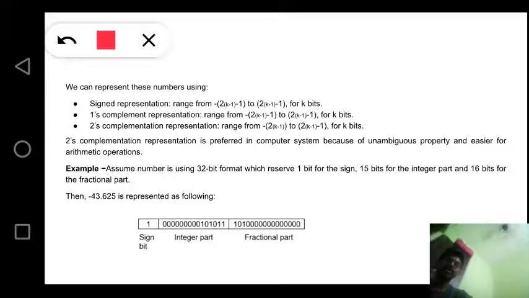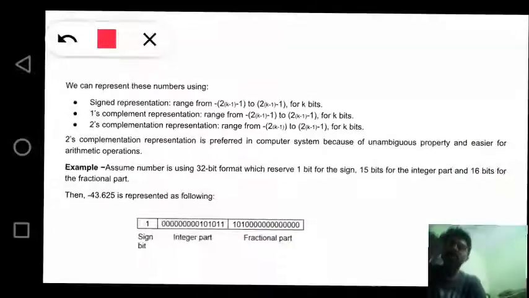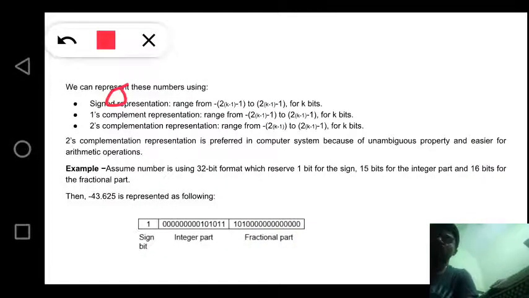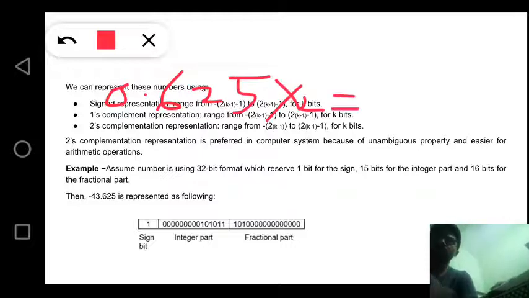Next we have the fractional part. How do you represent the fractional part? 625 is the fractional part. So first you should know how to convert this fractional part. 0.625 into 2, how much would it be? 1.25.